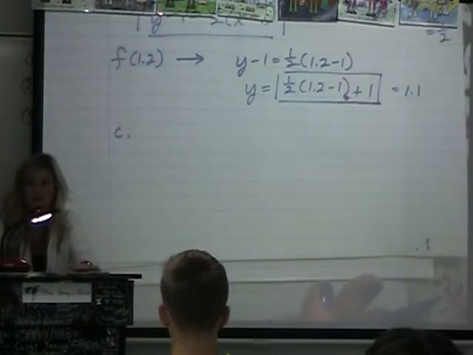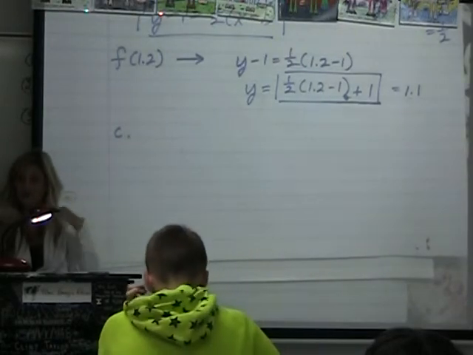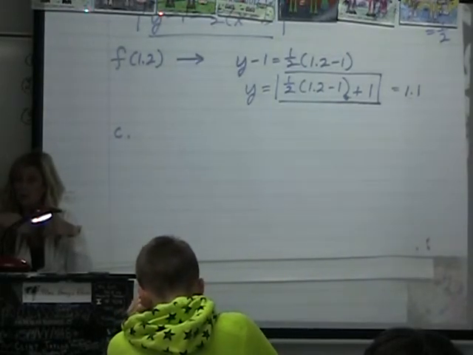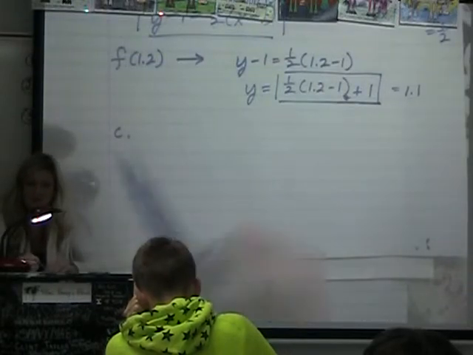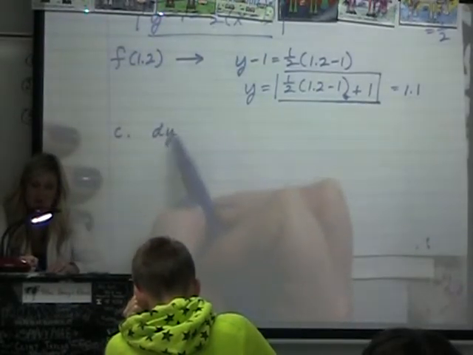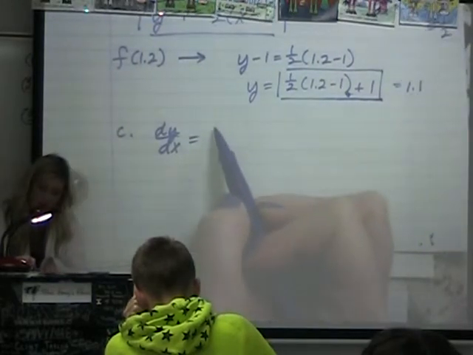Separation of variables. Particular solution means here's the derivative, figure out what the original equation was. This time it's not so easy because we have dy by dx equals, what was it, xy over 2.